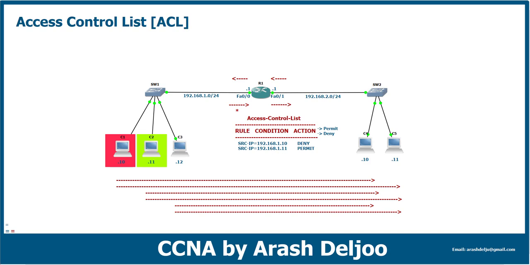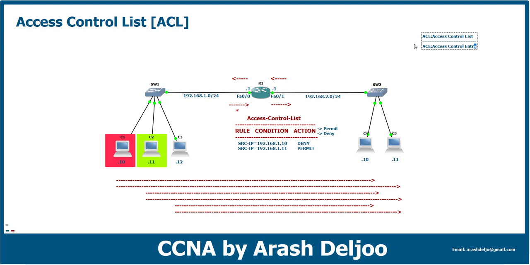Also, we can have more than these two lines in one list. Don't forget that in one ACL we have some entries. This is one entry, or access control entry. In each ACL, we have multiple access control entries. This is the list, and in this list we have multiple access control entries.